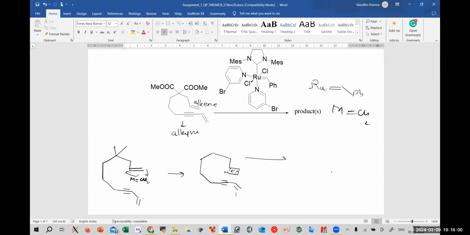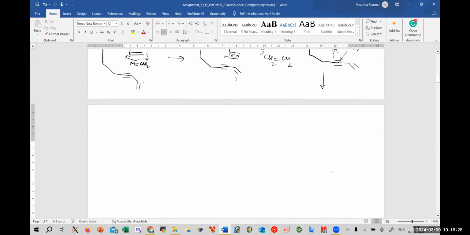Now, this would give you CH2 out, and it would be forming M. And now this is your alkyne and this is your alkene. It will start reacting this way, and ultimately you will be having this is your M, this is your double bond.